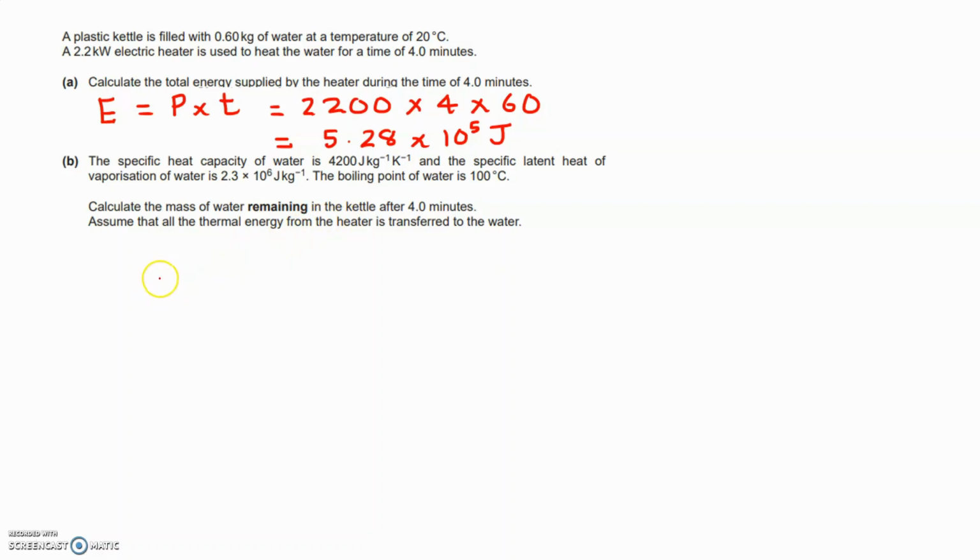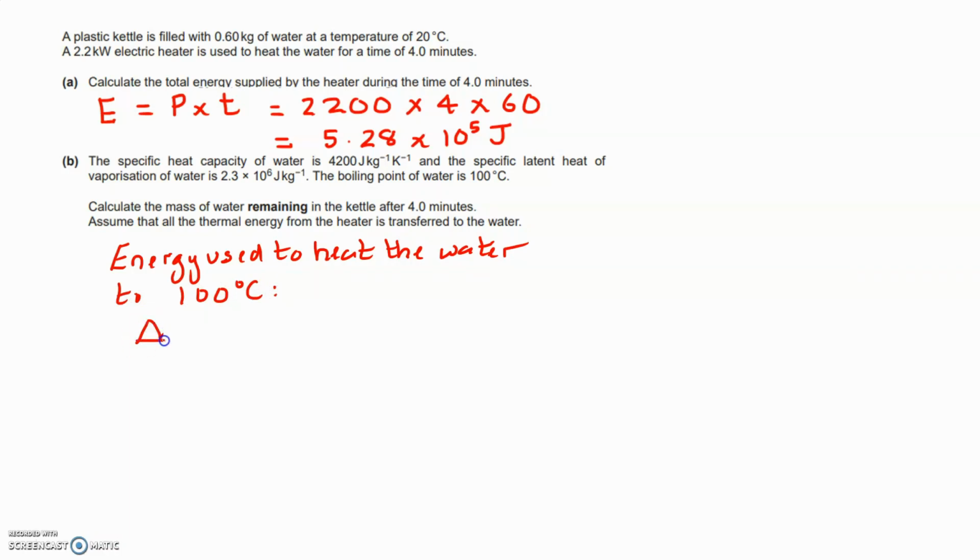Okay, now what we can work out first of all, in part A we calculated the total energy supplied by the heater during the time of 4 minutes. Now, what we can calculate first of all is the energy used to heat the water to 100 degrees Celsius.